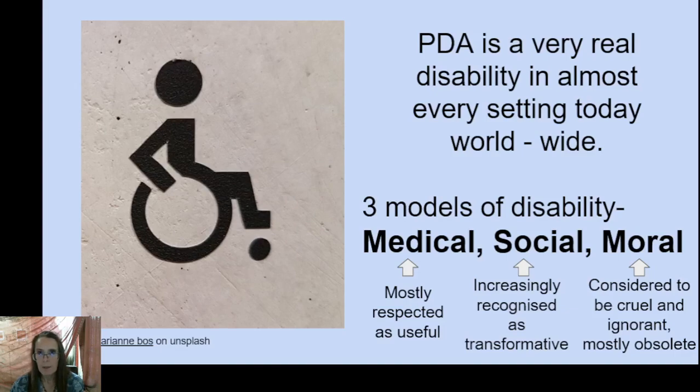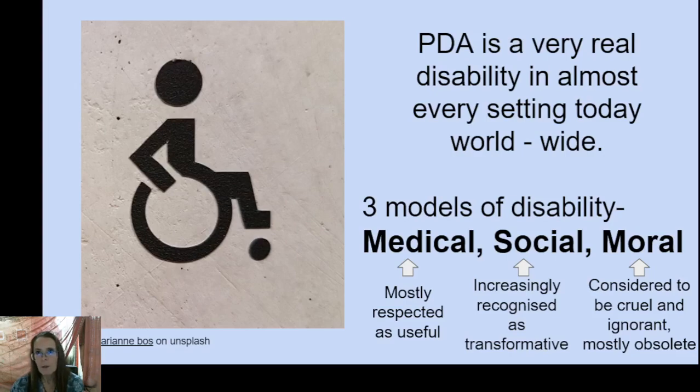So the medical model is mostly sort of respected as useful, but it has its limitations, especially in terms of dealing with real human beings rather than disorders or diseases or problems. The social model is increasingly recognized as transformative and really useful for all forms of disability.